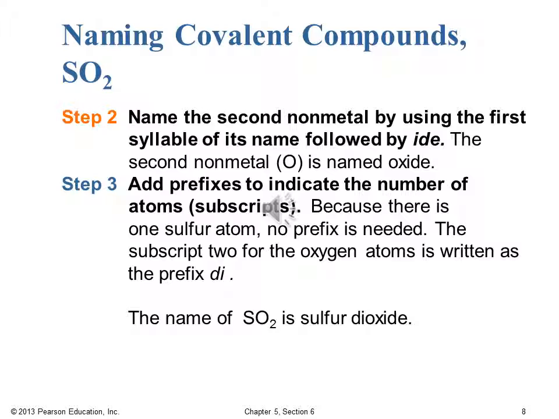So because there's 1 sulfur atom and it's named first, no prefix is needed. For the oxygen, there's 2, so we need the prefix di, and that gives us the complete and correct chemical name of SO2 as sulfur dioxide. All right? Hopefully fairly straightforward, fairly simple. You're catching on to these rules and following our format.